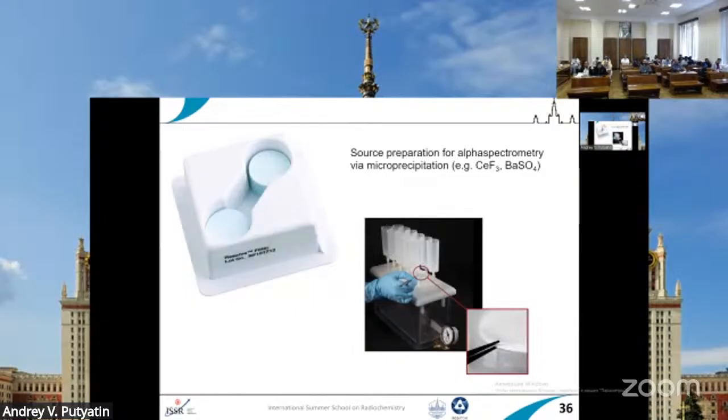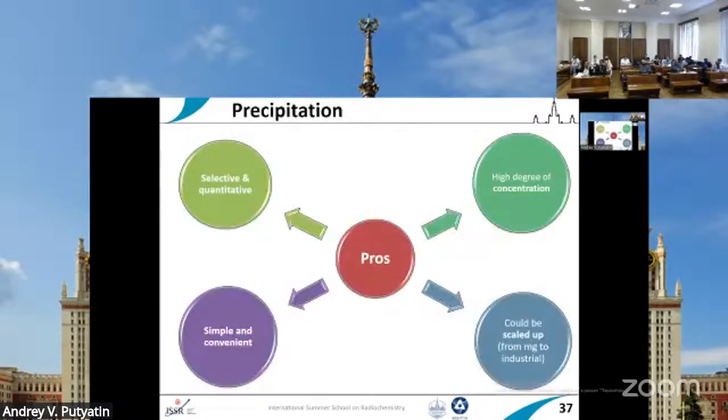Again, I already mentioned these convenient filters for preparation of samples for alpha spectrometry, which use the mechanism of co-precipitation of our actinides.